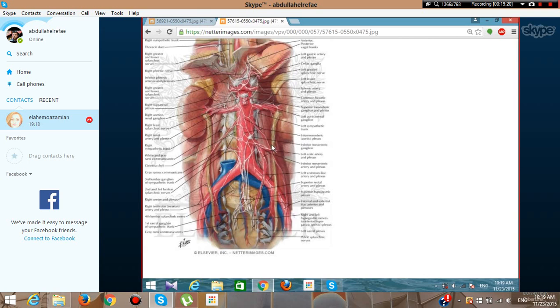Do you remember that on each side of the vertebral column we have the sympathetic trunk? The ganglia of the sympathetic trunk are called paravertebral ganglions. They're parallel with the vertebral column.